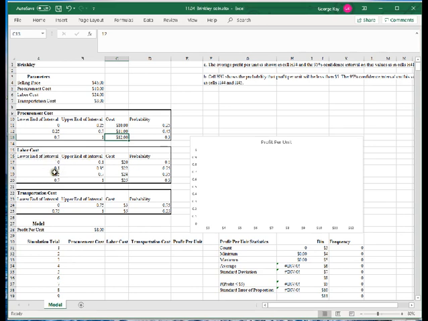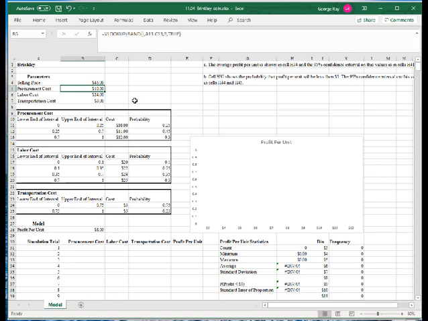Likewise with the other tables, the labor cost discrete probability distribution is in this table, and the transportation probability distribution is in this table. So we look at the actual function we put in for our random variable, in this case procurement costs. We're doing a VLOOKUP, and the value we're looking up is generated by a random number function.